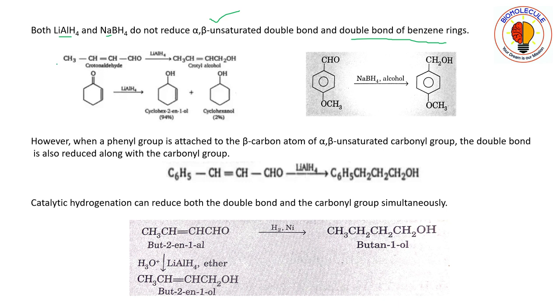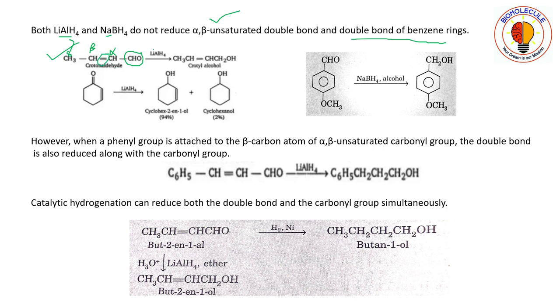So you can see in this example, crotonaldehyde. See, this is one aldehydic group, CHO. Adjacent to the aldehydic group will be alpha, adjacent to alpha will be beta, and then gamma. So alpha beta contains one unsaturation, that is one double bond.